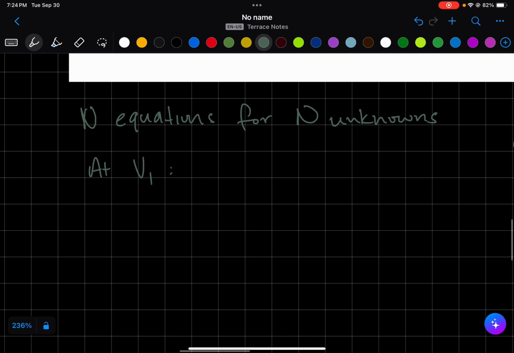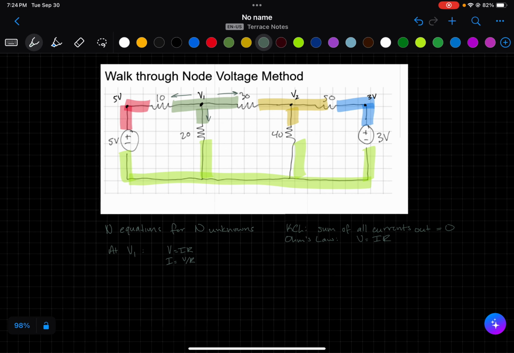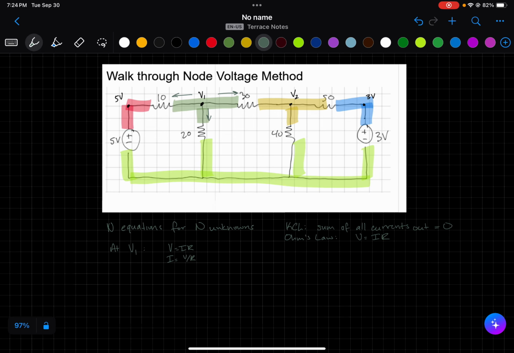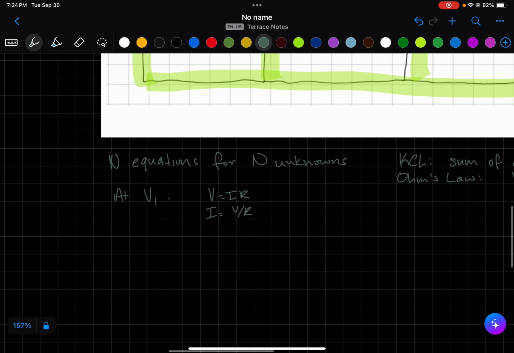So first, we're gonna rearrange this to I equals V over R because we're trying to find the current.